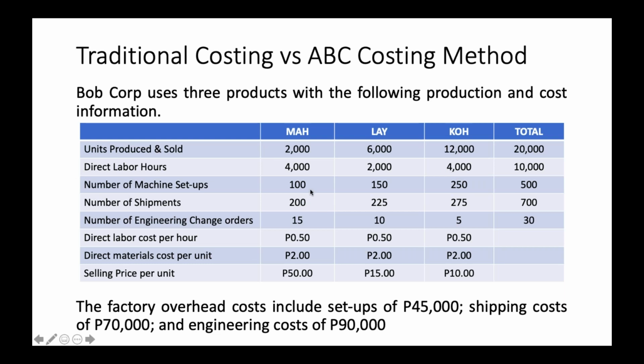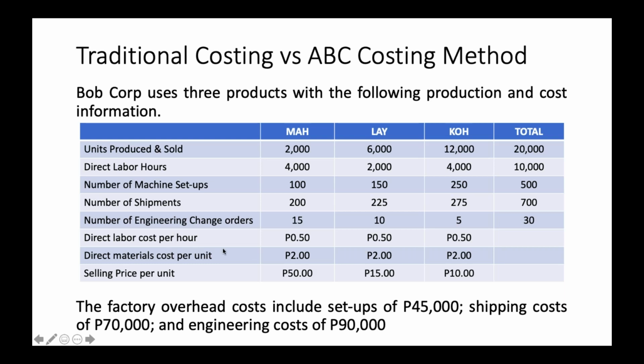Number of machine setups, 100 times, 150 times, 250 for a total of 500. Number of shipments, 200, 225, 275, and 700. Number of engineering change orders, 15, 10, 5, and 30.